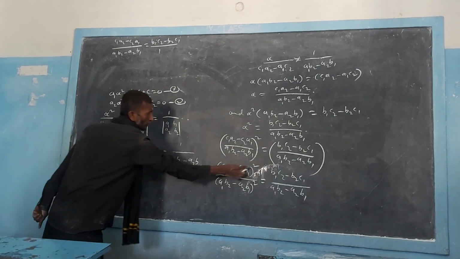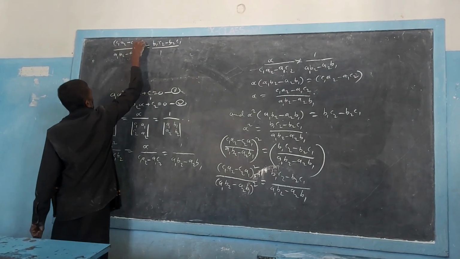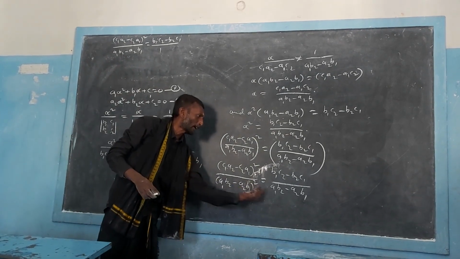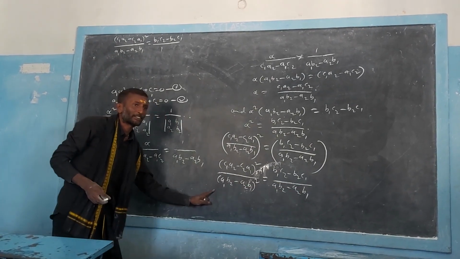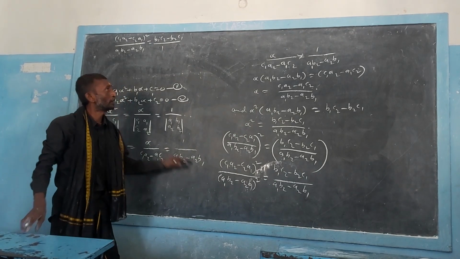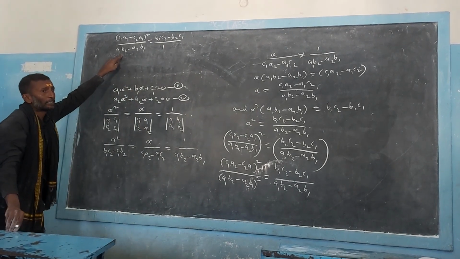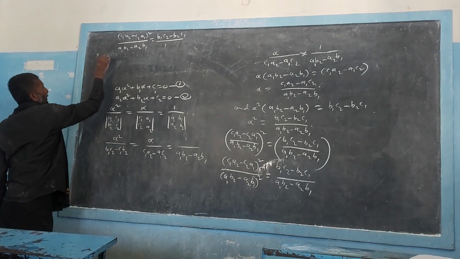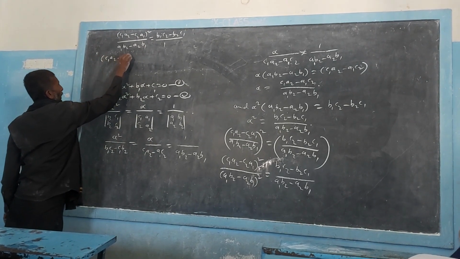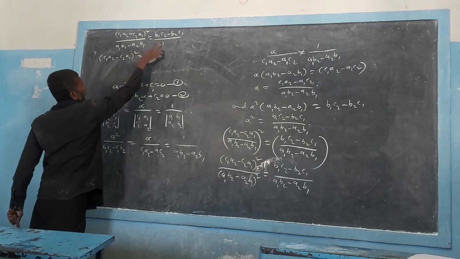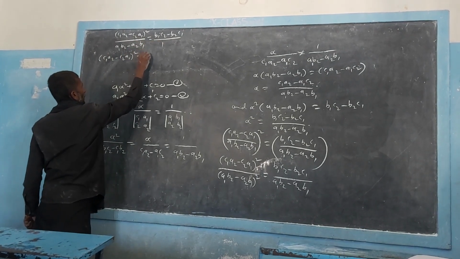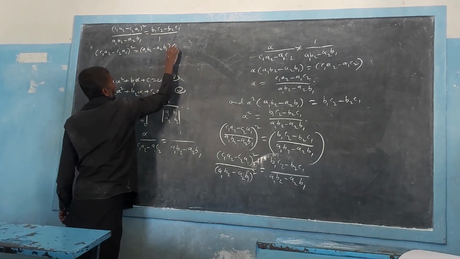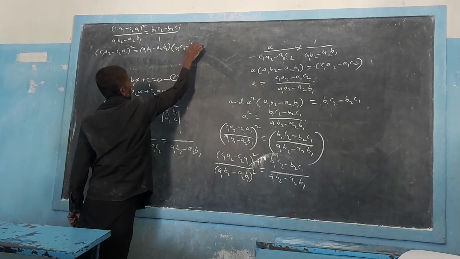So what remains is 1. And here we have the square for the numerator. The denominator also has a square, but this is in the form x square over x, so x gets cancelled. It means 1 over x here on the right hand side. Okay? Don't take the square here. Now doing the cross multiplication we get the equation C1 A2 minus C2 A1 whole square into 1 equals A1 B2 minus A2 B1 into B1 C2 minus B2 C1.